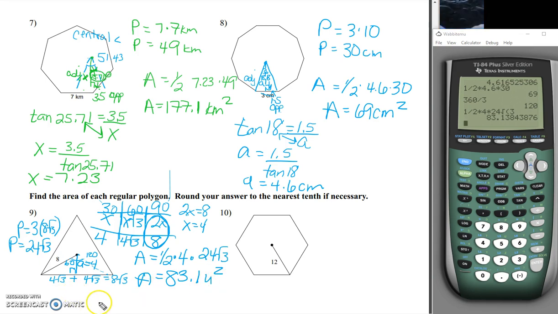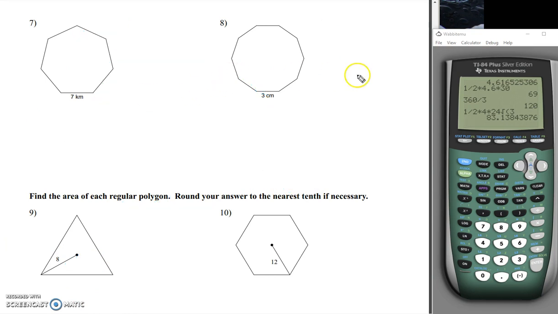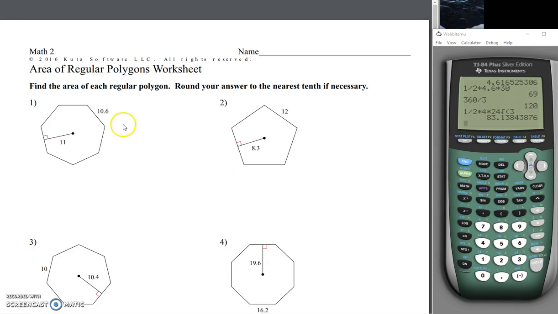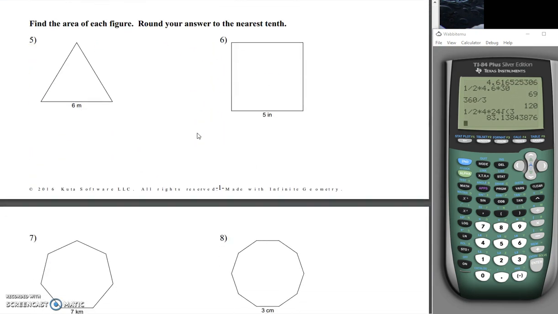Okay, that's my area. Now, depending on which assignment you choose, will depend on how detailed you'll need to go with this. There are some examples that are like the first ones, where you're given the apothem and the side length, in which case you can follow the formula.